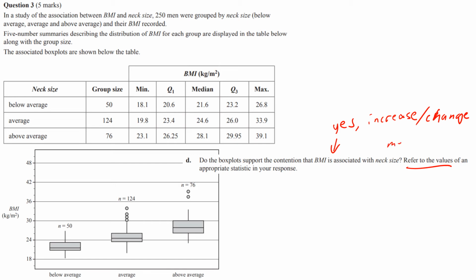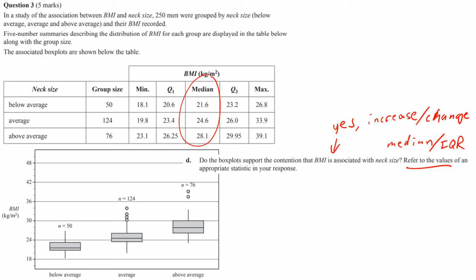That's either median or IQR. And so, look, if you think about this, they've given you the medians. You could work out the IQRs, but why? So you don't need to work out the IQRs. You can just quote values of medians. So you need to have those 2 things to get the 2 marks.